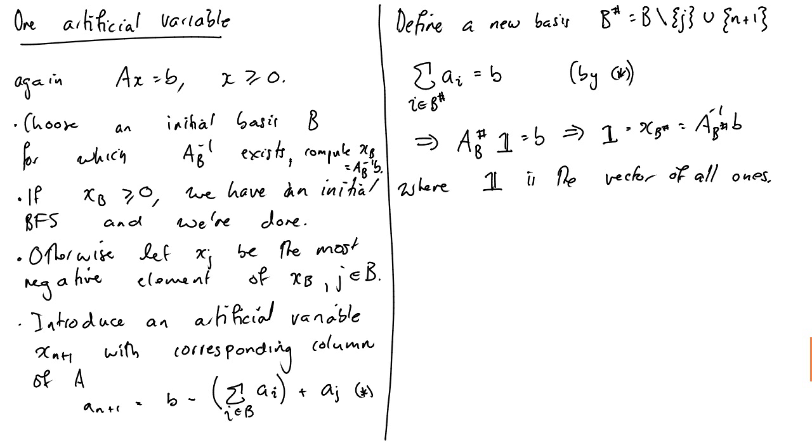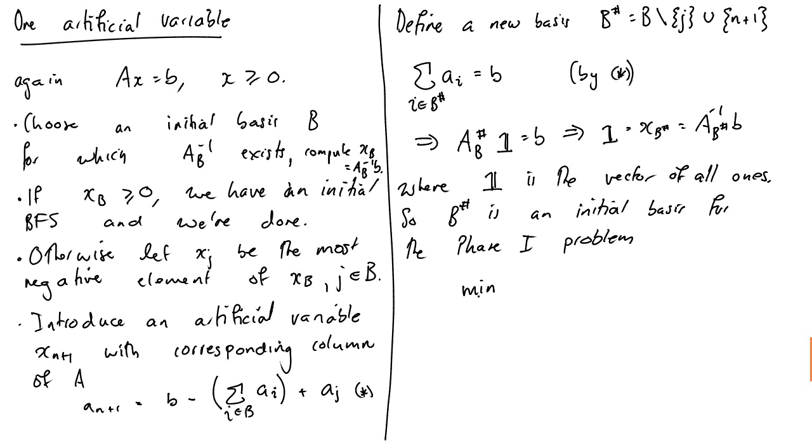So, B sharp is an initial basis, so it's feasible for the phase 1 problem: minimize xn plus 1.